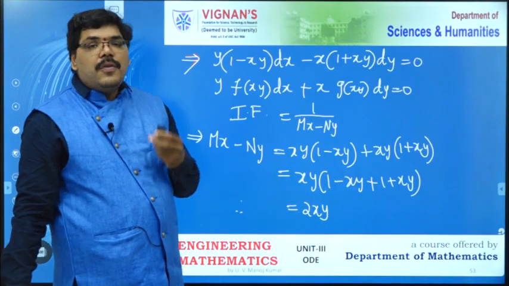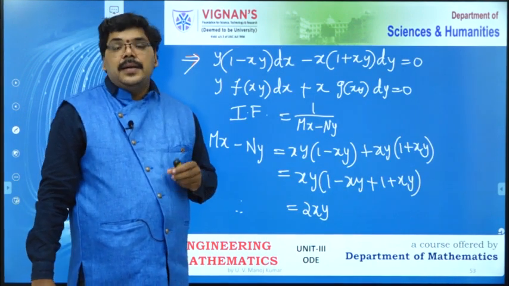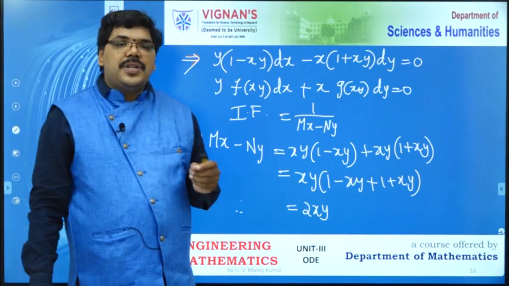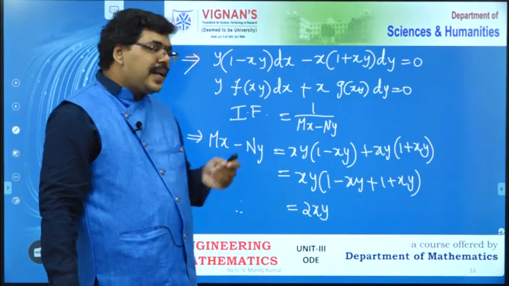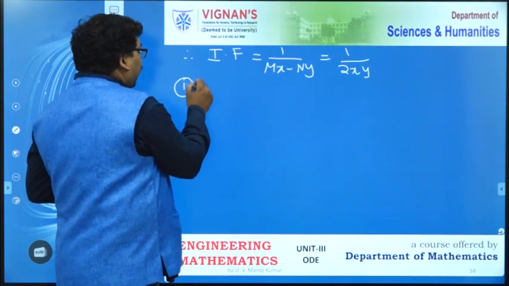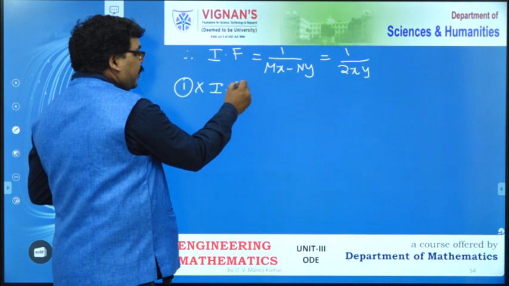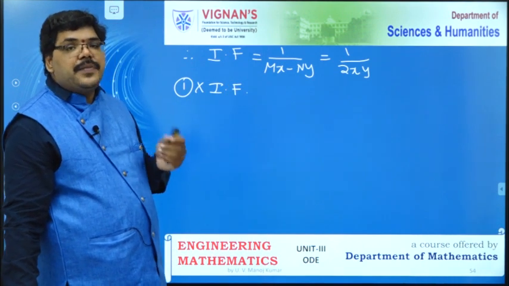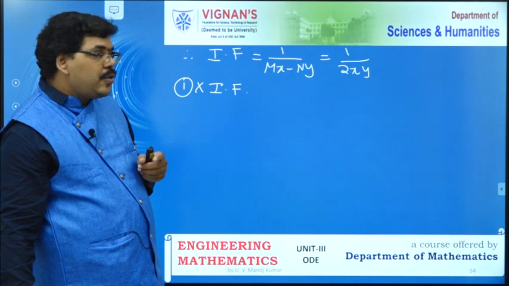So, after finding the integrating factor, what we have to do? We have to multiply the given differential equation with the integrating factor on both sides.